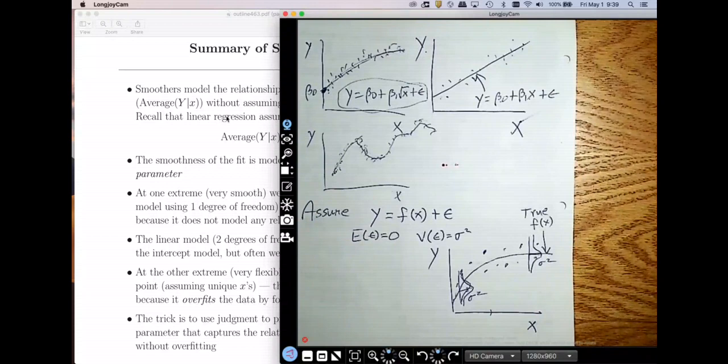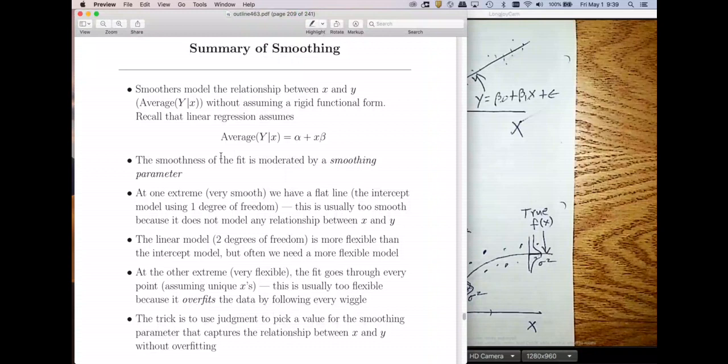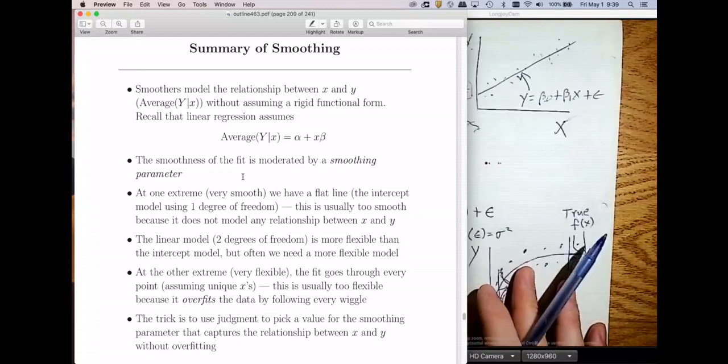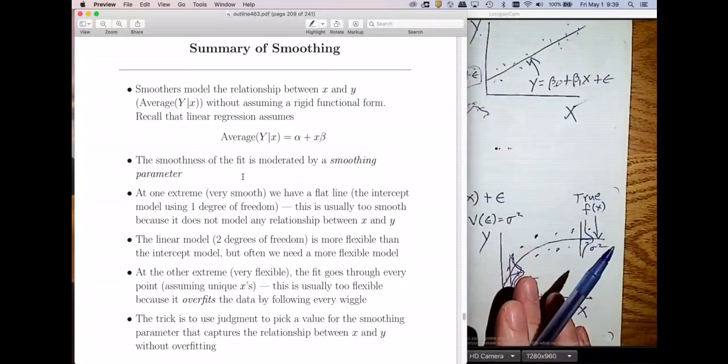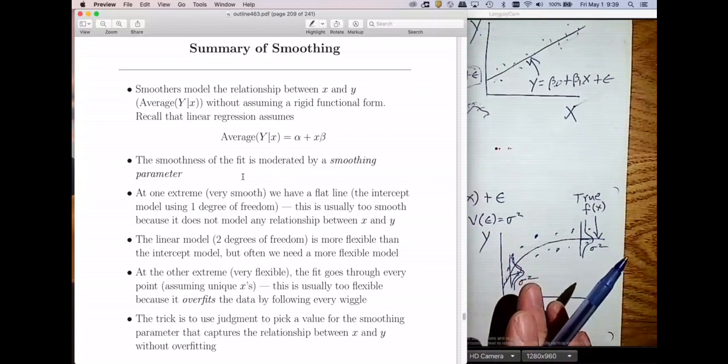All right, now, how does a smoother work? Without giving you any equations, I want to give you some intuition. Most of these non-parametric regression methods are going to have what you can think of as a dial, a little knob that you can turn.